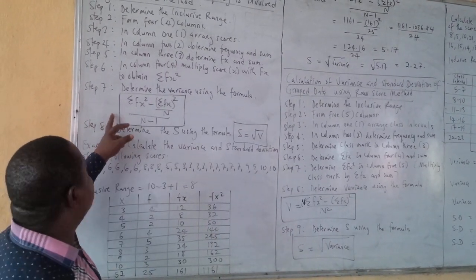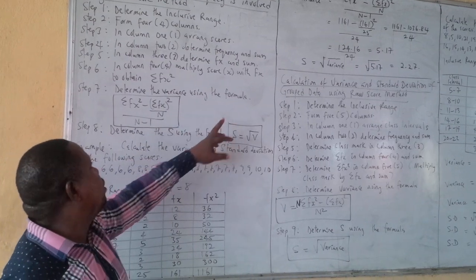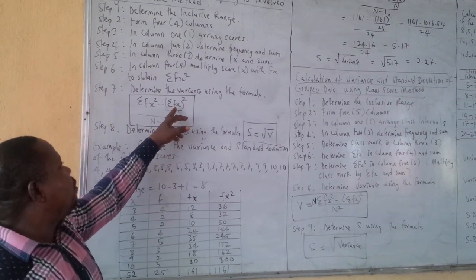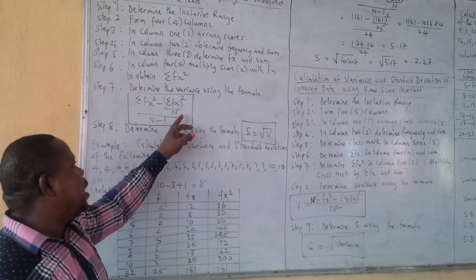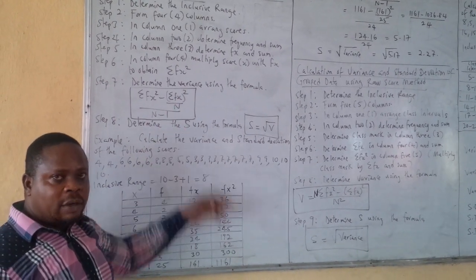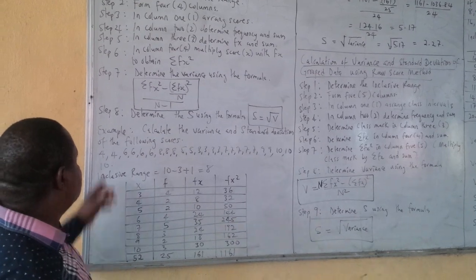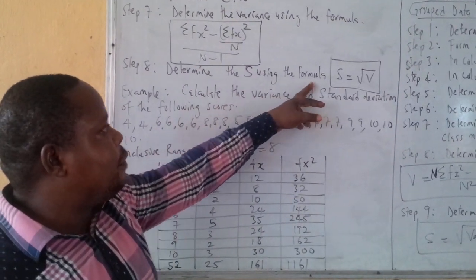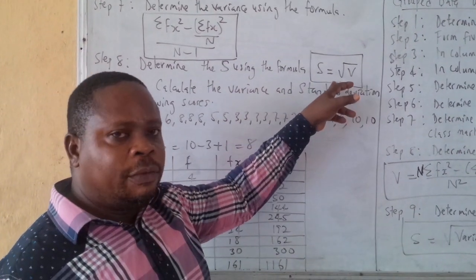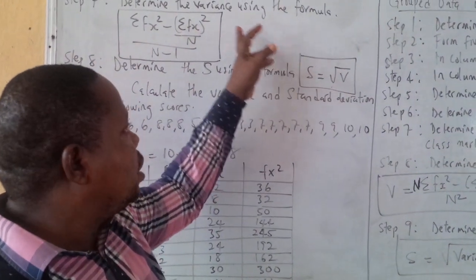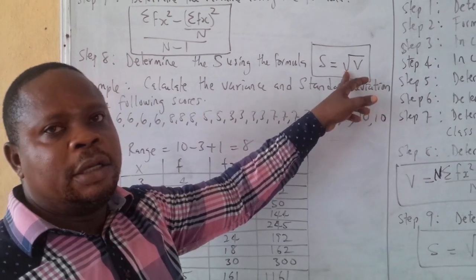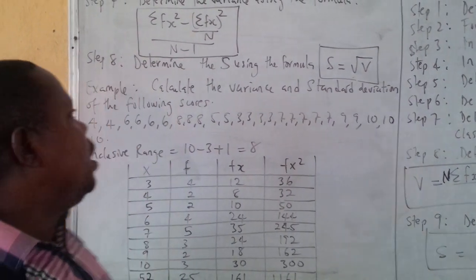Then step 7, determine the variance using the formula: sum of fs squared minus sum of fx squared over n, all over n minus 1. Step 8, determine the standard deviation using the formula. Once you have obtained the variance, the standard deviation s is the square root of the variance.